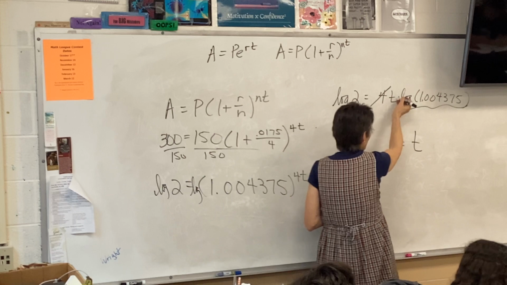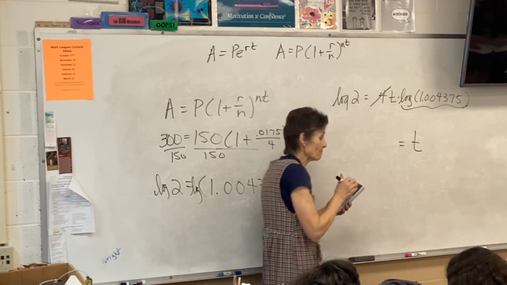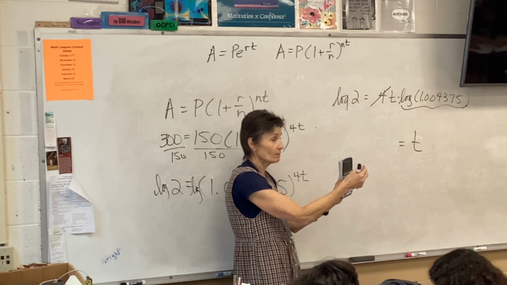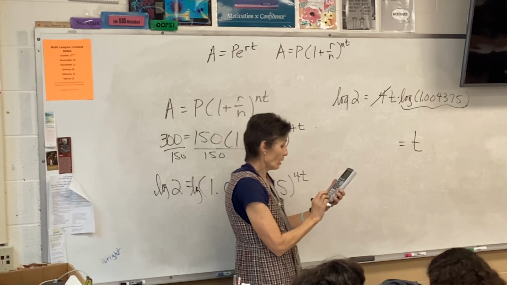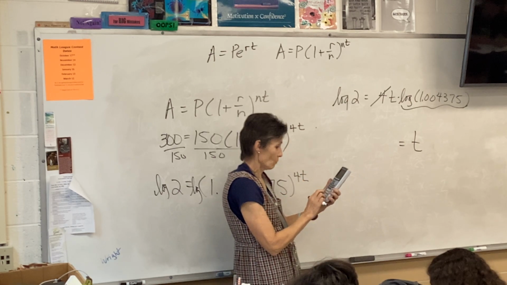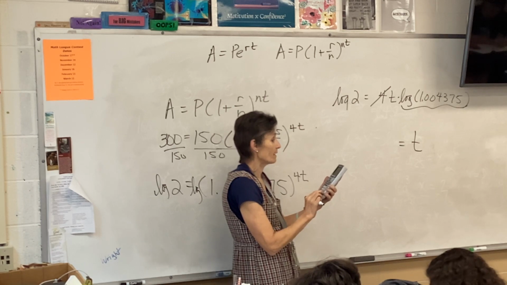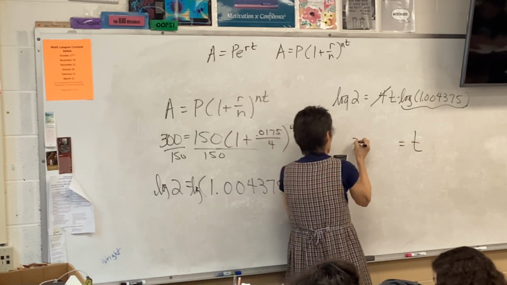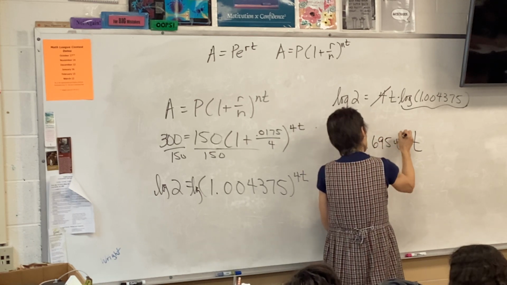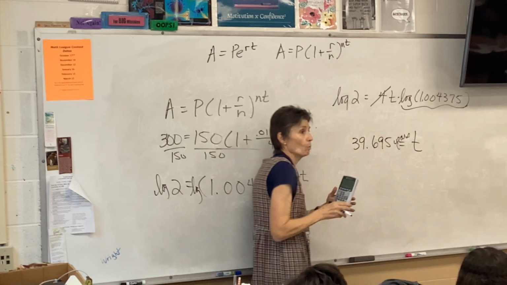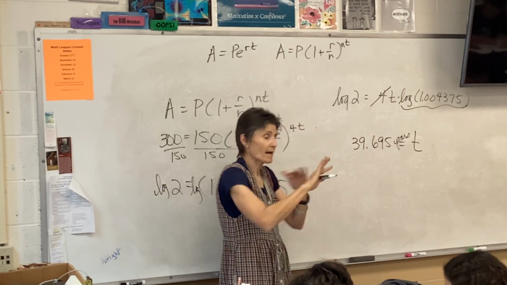Isn't this a times right here? So I'm going to divide by that. So I'm going to take the number on my calculator, and I'm going to hit divided by log 1.004375. What do we get? 39.695 years.